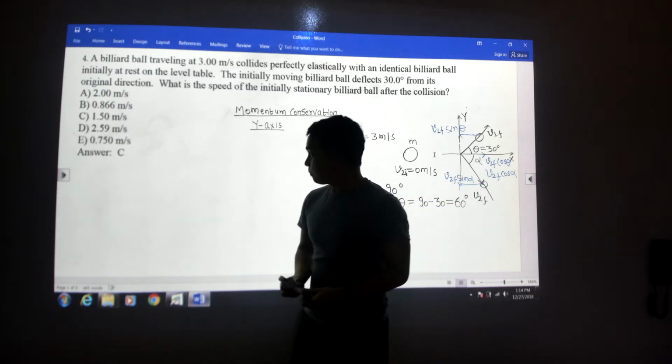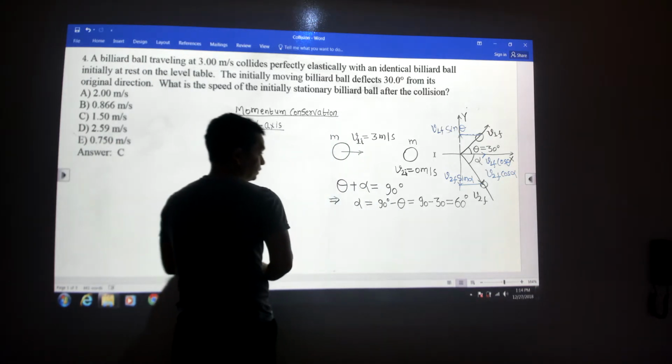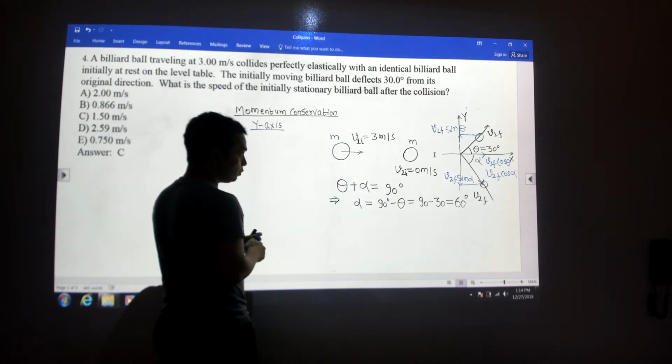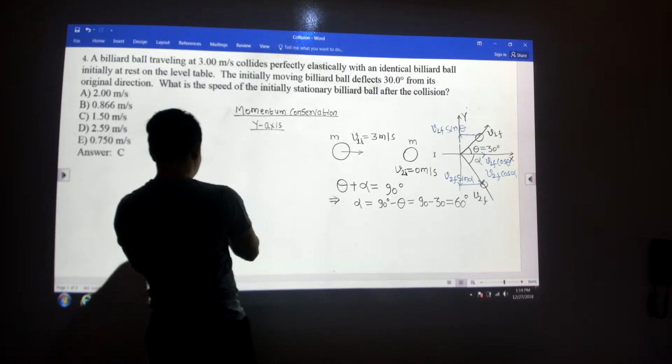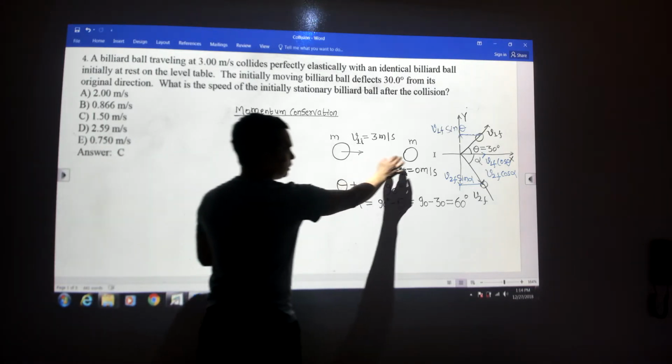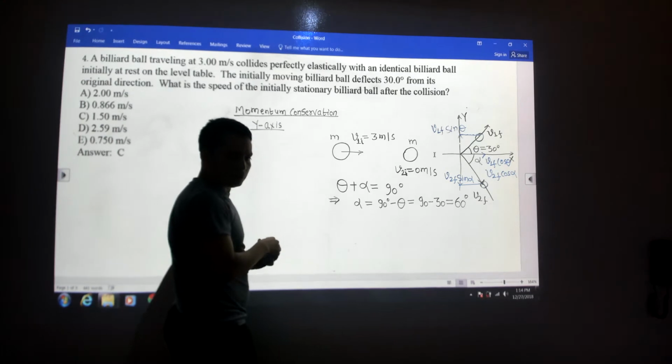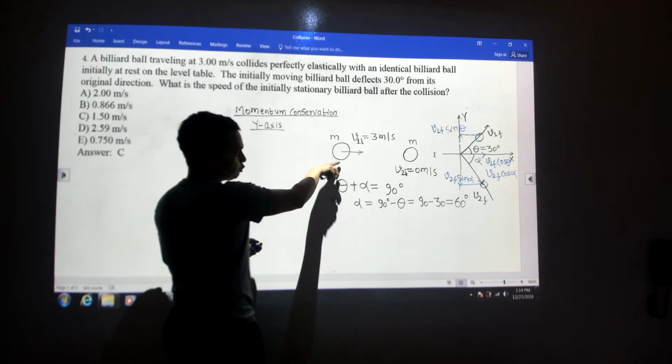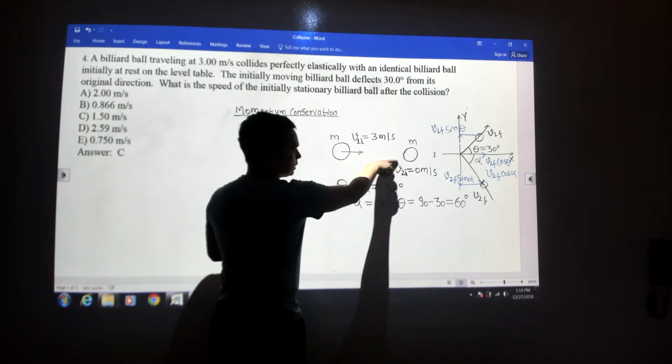Now let's use the momentum conservation. The total initial momentum along the y-axis is 0, because this one is moving only along the x-axis and the other is at rest.